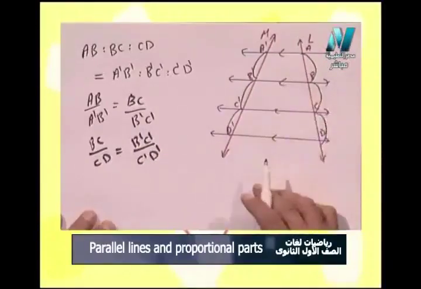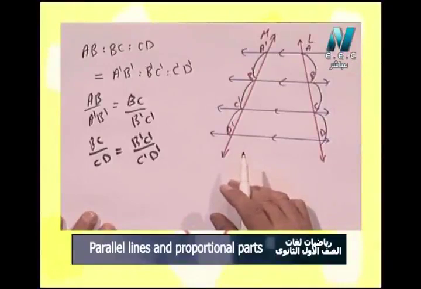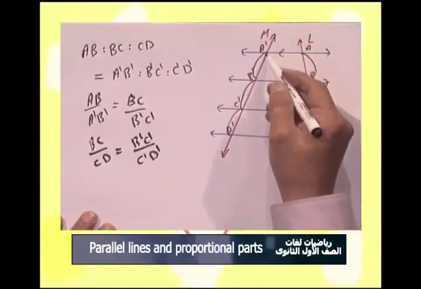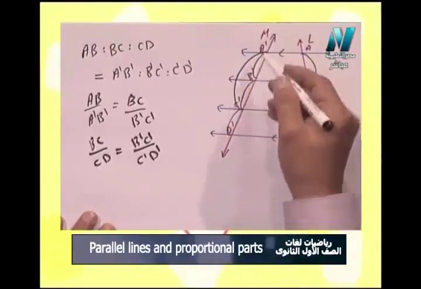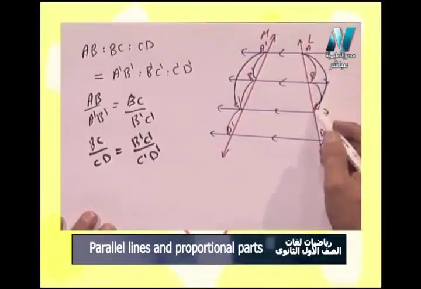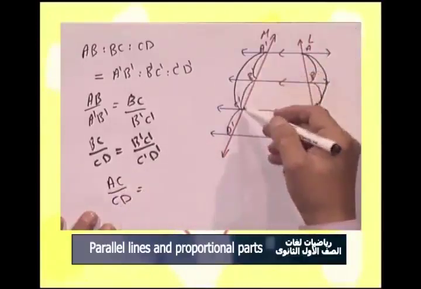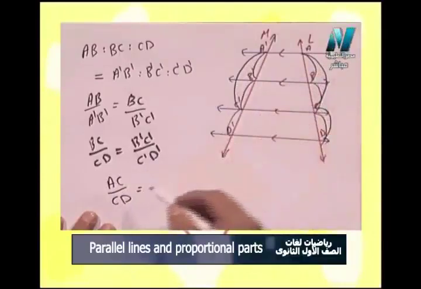We can play with it. And also, from the properties of the ratio, we can find the sum of the two ratios, like that. We can say AC over CD will be equal to A dash C dash over C dash D dash.